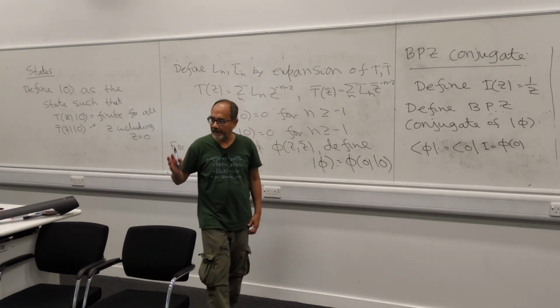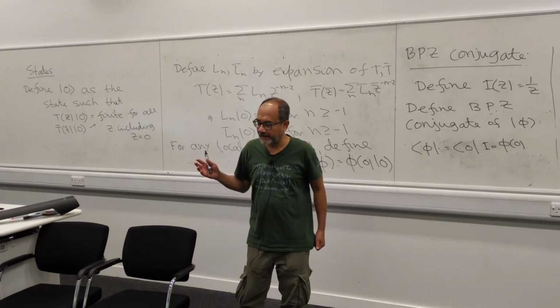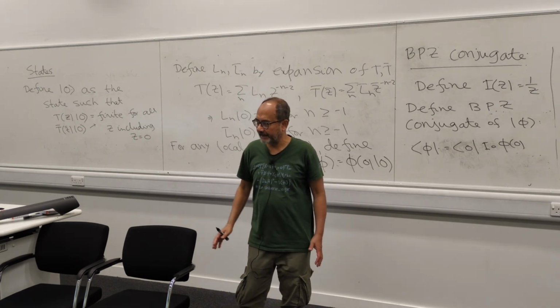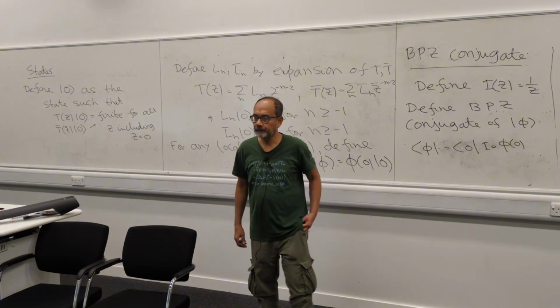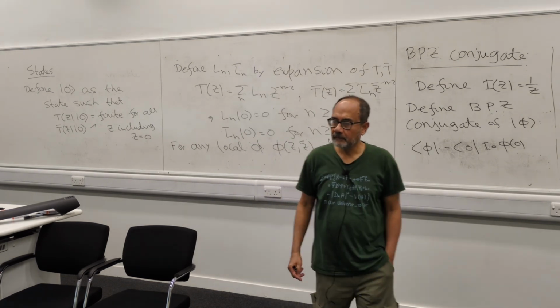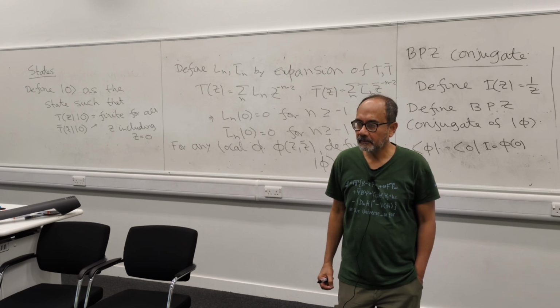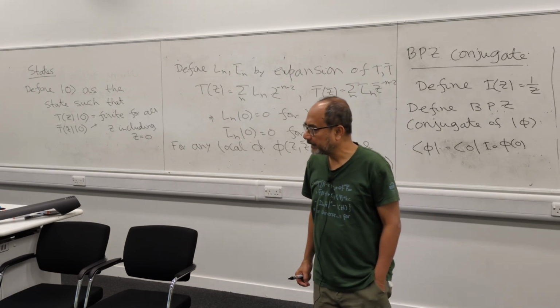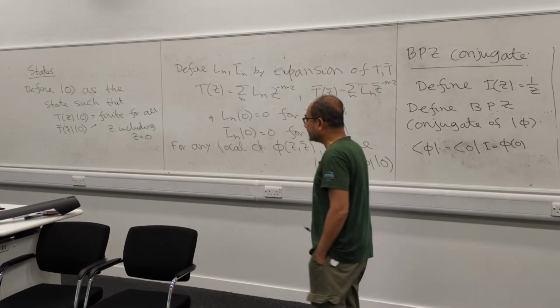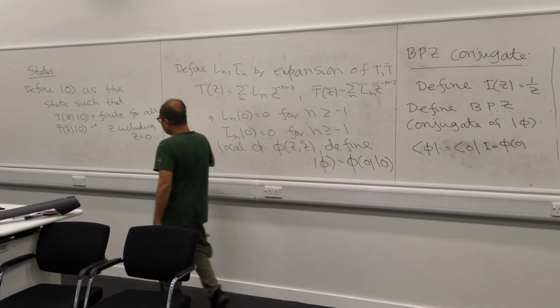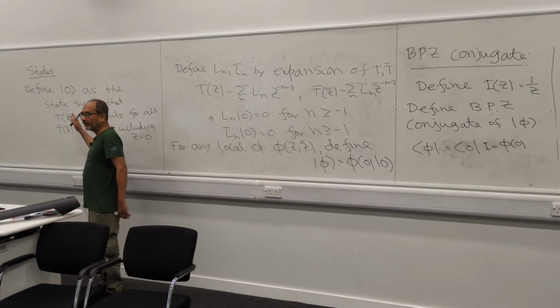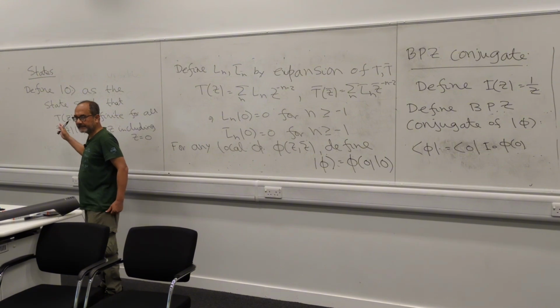There are other examples where the vacuum itself is a somewhat ill-defined object, like in Liouville theory. If the central charge is non-zero, this relation is still true, because it involves L0 and L plus minus 1, which is still true even if the central charge is non-zero.